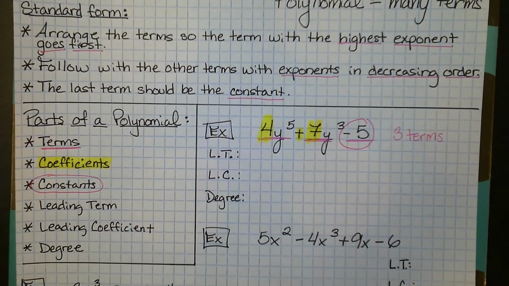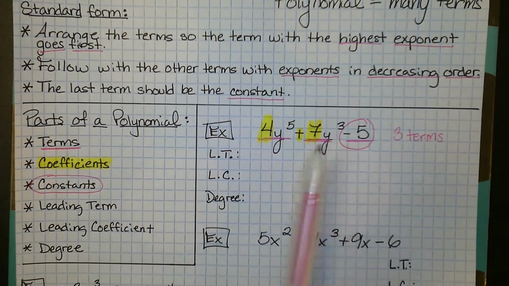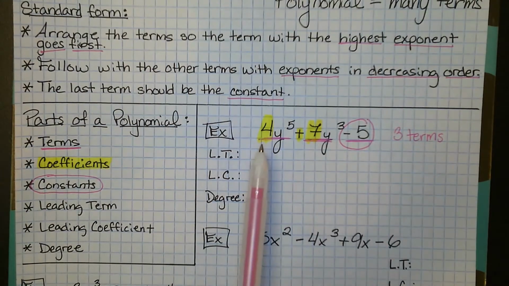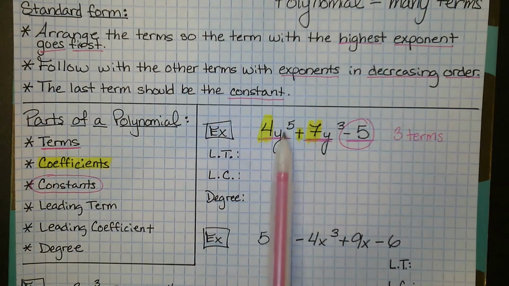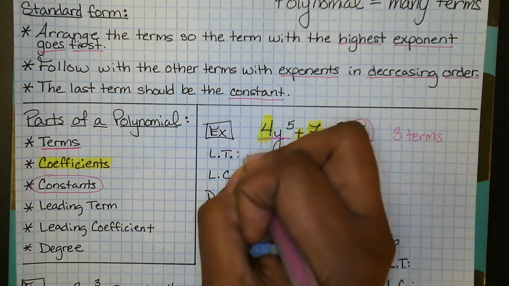So the leading term. You can only determine the leading term when the expression is in standard form. Remember, in standard form, the term with the highest exponent goes first. So the leading term is the very first term in the expression.